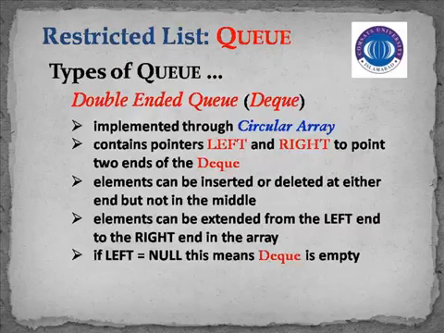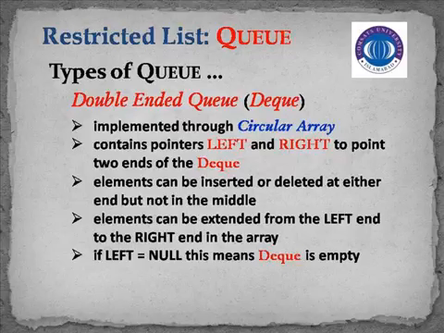Ladies and gentlemen, the double-ended queue with the acronym Deque is implemented through circular array. It contains pointers left and right to point to the two ends of the Deque. The elements can be inserted or deleted at either end, but not in the middle of the Deque.